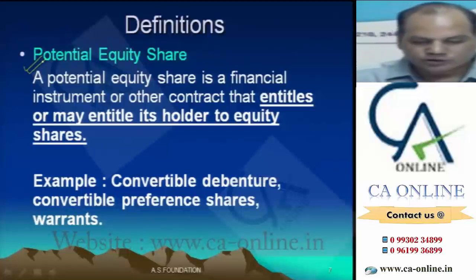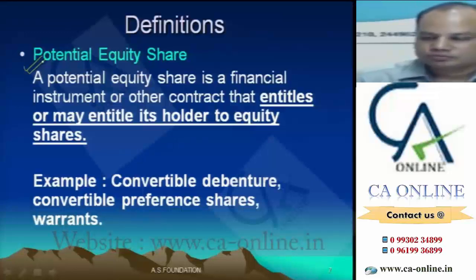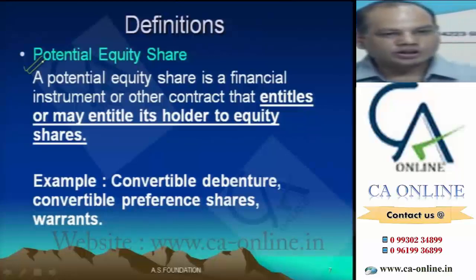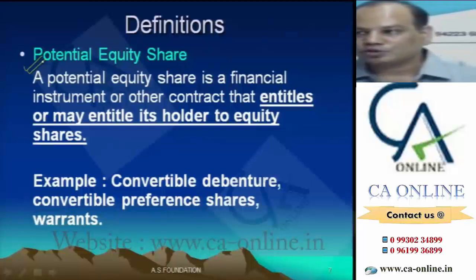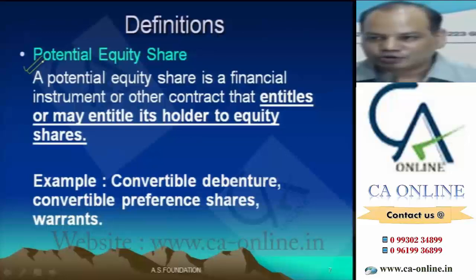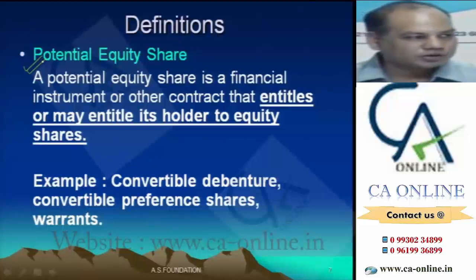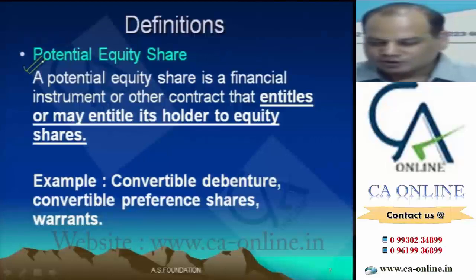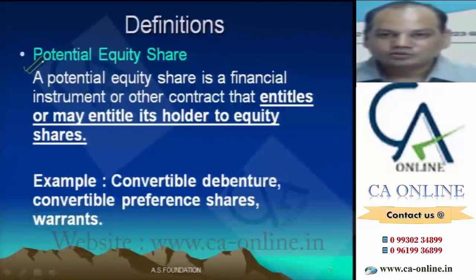What is a potential equity share? That means a financial instrument or any other contract which is not an equity share now, but it has the potential to become an equity share in future. Any simple example of a potential equity share?